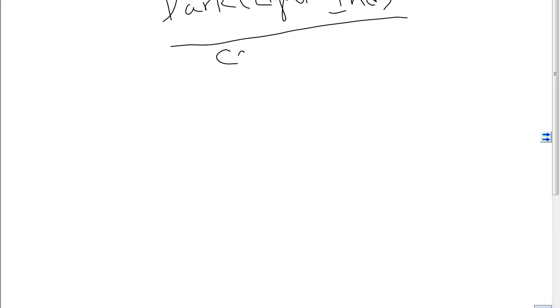So in the dark reactions, or light independent reactions, also called the Calvin cycle, just to make things more complicated for you. I don't know why they have a bunch of names. This is the guy, obviously, that figured out how the Calvin cycle happens.